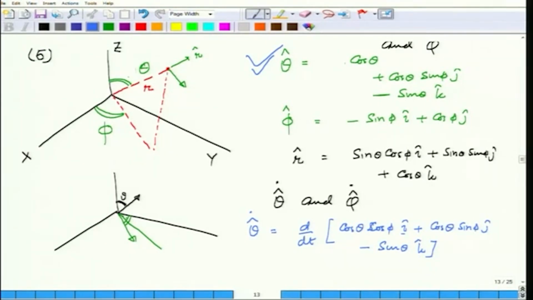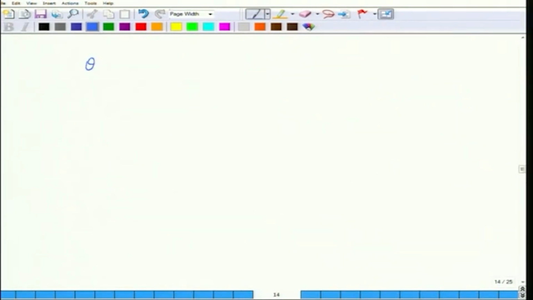When I do that, I get theta unit vector dot is equal to, let me write this again, d by dt of cosine of theta cosine of phi I plus cosine of theta sine of phi j minus sine of theta k.